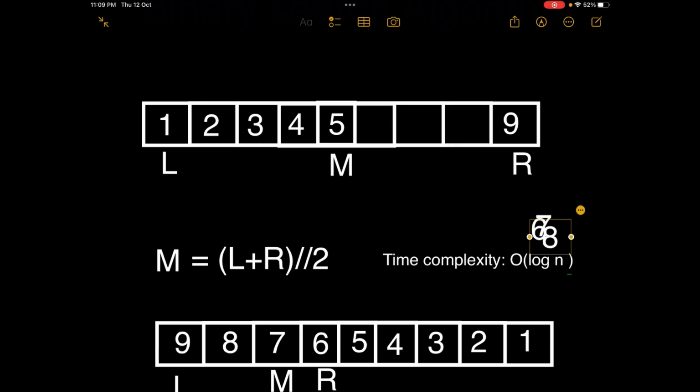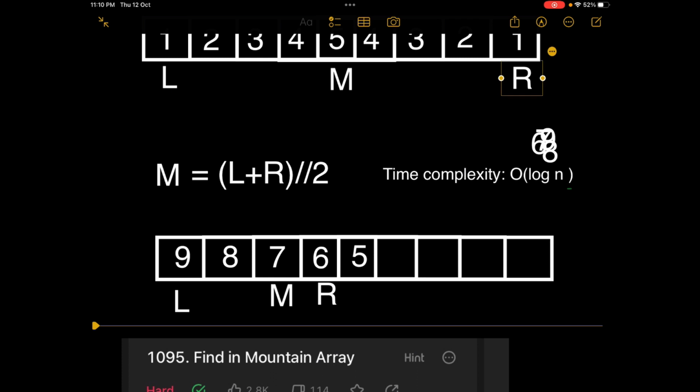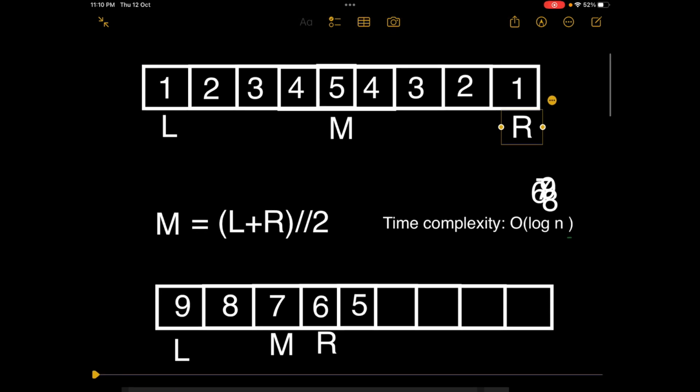To make it a mountain array, we have to do something like this. 5 is our hill, and after that, you can see now our array is a mountain array. Now you can see from L to M it's a sorted array, and from M to R it is also a sorted array, but in reverse order.